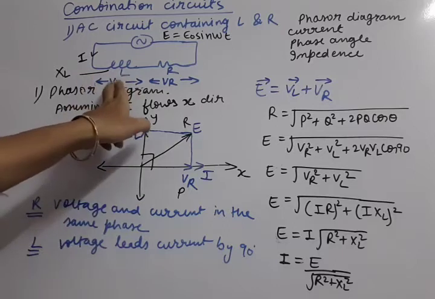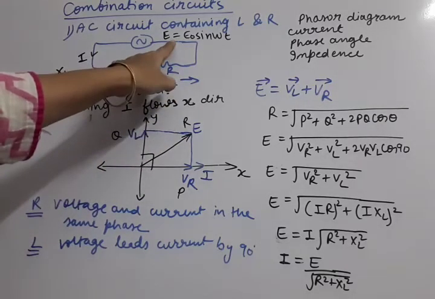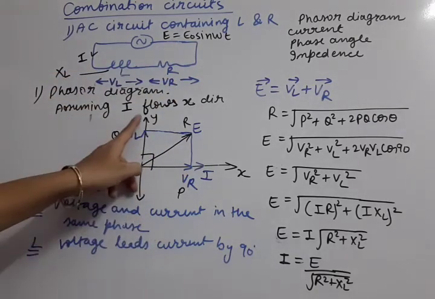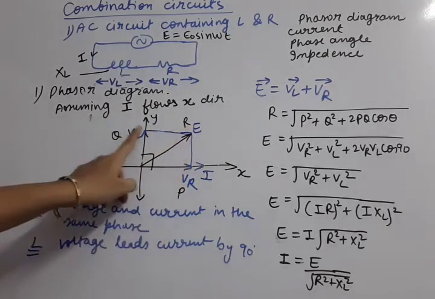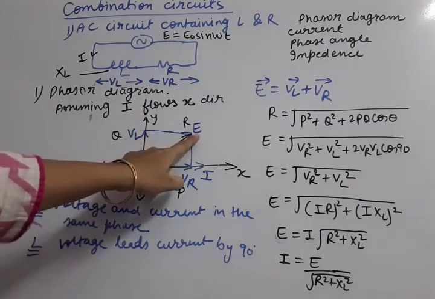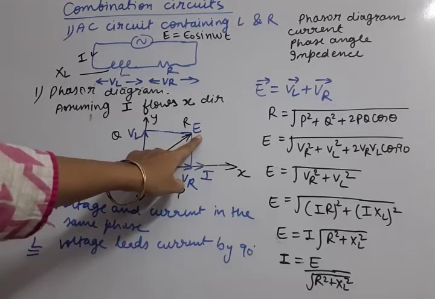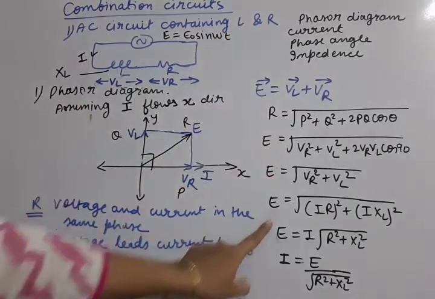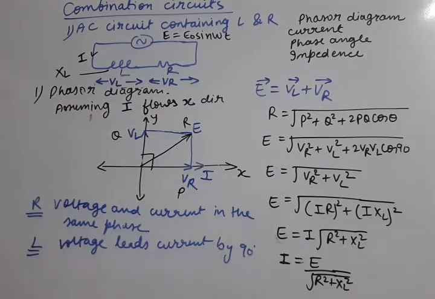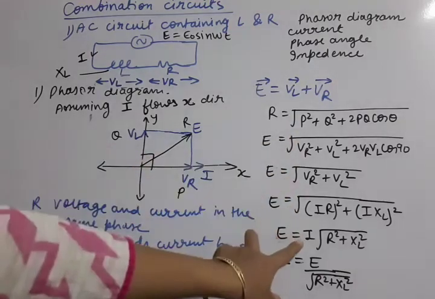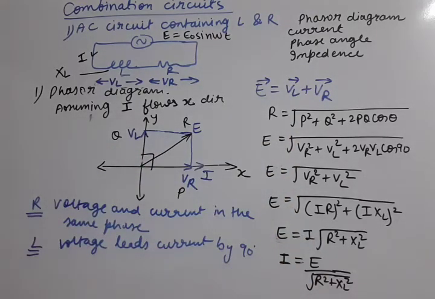Then because VL and VR's resultant is E, we will join VL and VR by the parallelogram, and the resultant, meaning the diagonal, we will show as E, and then we will solve the E equation for getting the current equation. So this way current is solved.